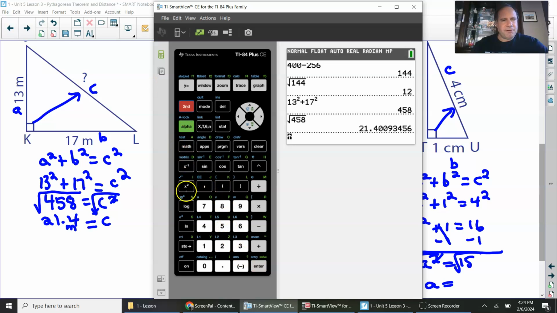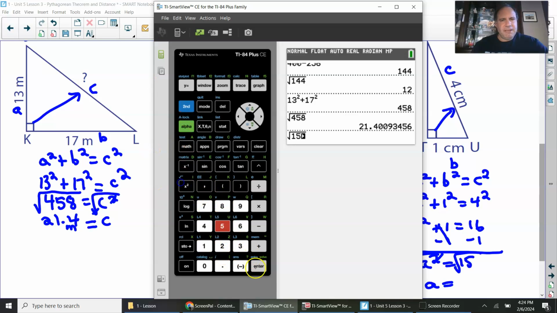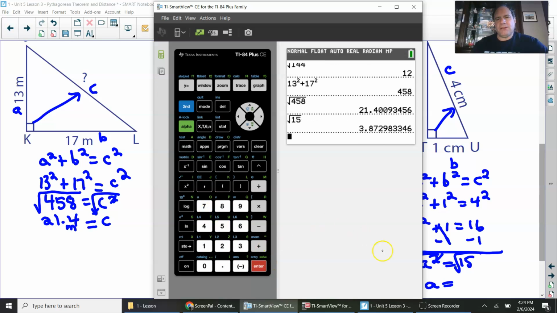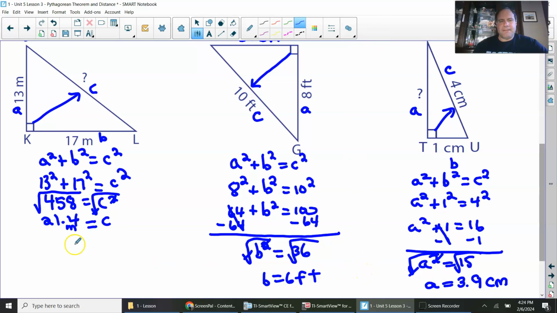We're going to do second function square root of 15, and we get 3.87, which is 3.9 rounded to the nearest tenth. So this is 3.9 centimeters. And that's how you would figure that out.